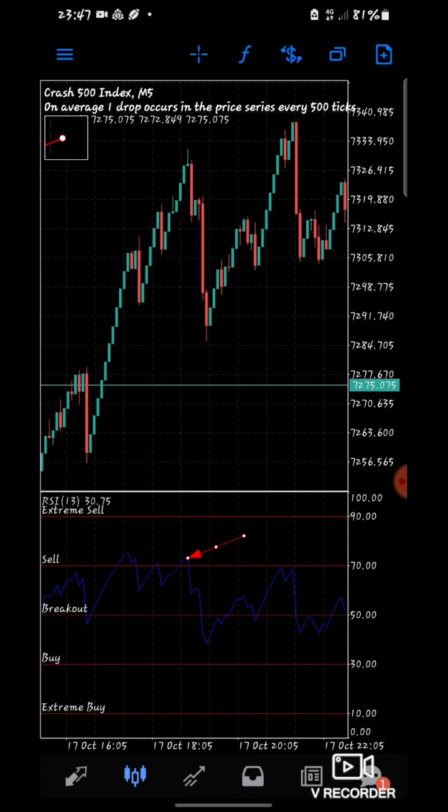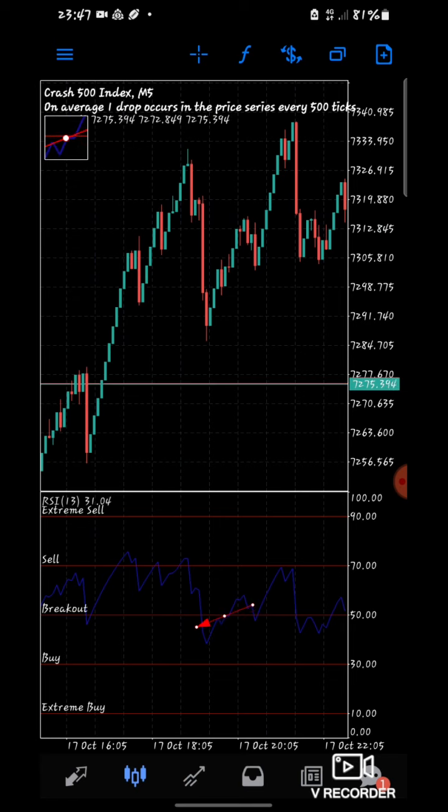Okay, then we now exit the market whenever it touches the breakout here, line 50, which is the breakout, guys, because it is going bullish.